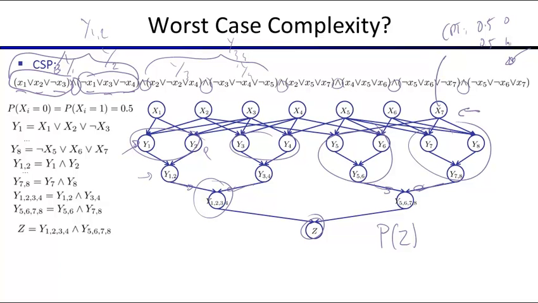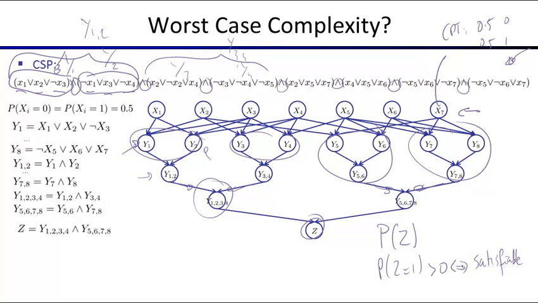And I can look at that distribution, and if I find that P(Z=1) is bigger than 0, that implies satisfiable. It means that this constraint satisfaction problem is satisfiable. It's actually an if and only if.